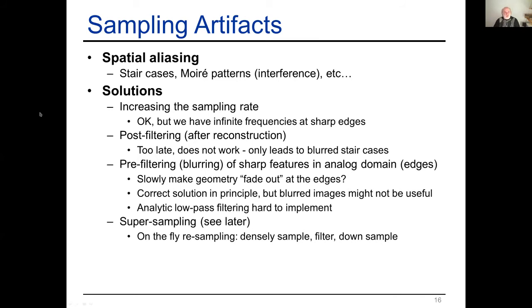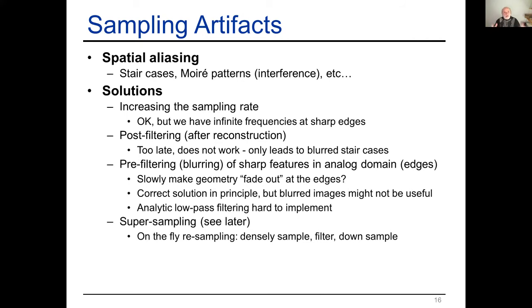What we could do, in theory, is pre-filtering, right? We could take our analog signal and remove all the high frequencies, all the frequencies that are too high for our sampling rate. Except that we don't really know how to do that for optical signals, right? We would have to remove edges in the analog domain. You can put some fat on your lens, but that would create lots of blurring.